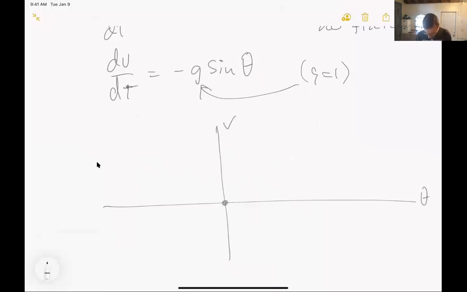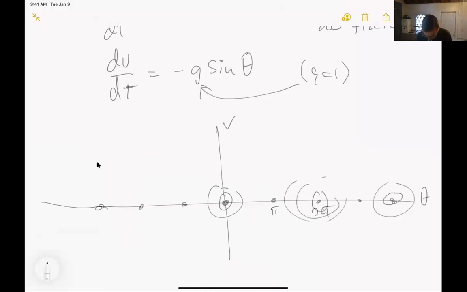There was one right there at the center, and then one at pi, 2 pi, etc., all multiples of pi. And the nature of those equilibrium points changed. At the even multiples of pi, we had center tangencies. And at the odd multiples of pi, we have saddles.